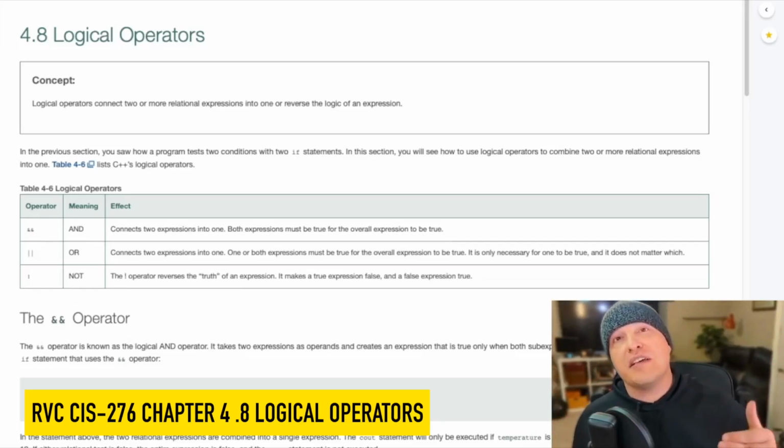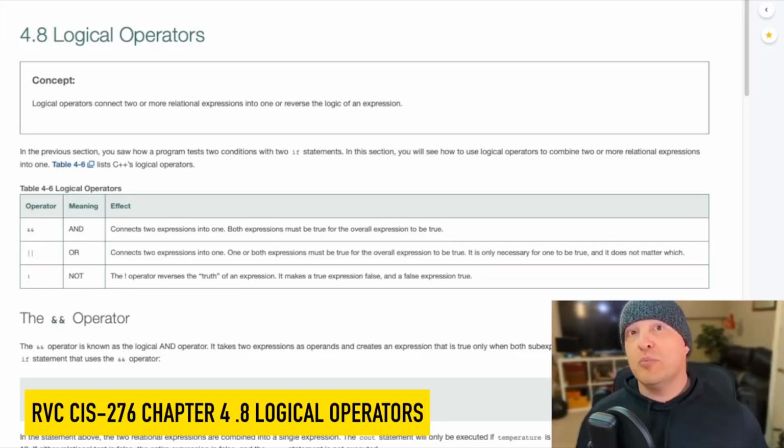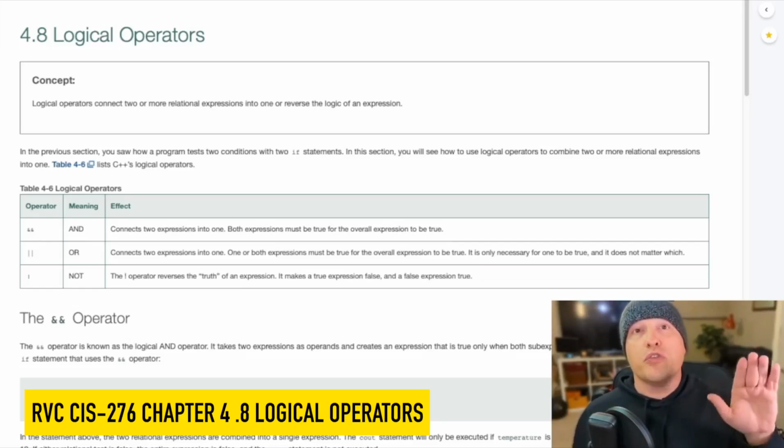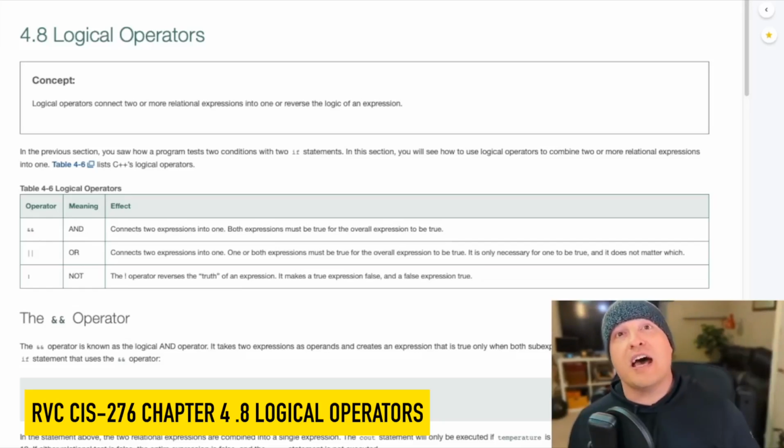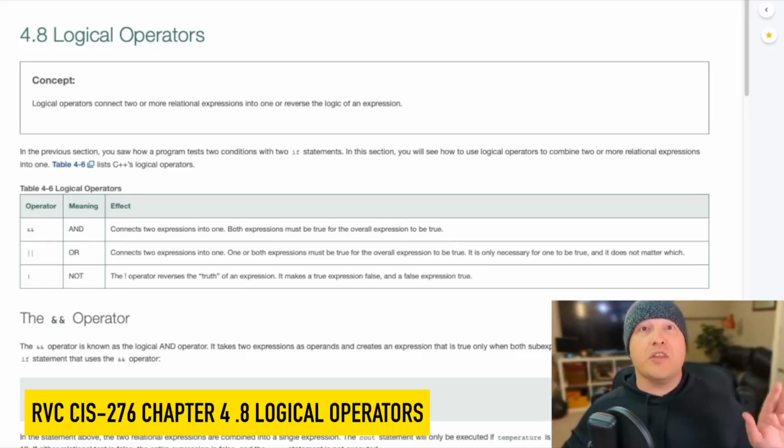Each of these has a set of rules that makes them a little bit different from one another, and it's worth noting here. For our and operator, the entire condition evaluates as true only when both the left and the right hand side of the and are true.